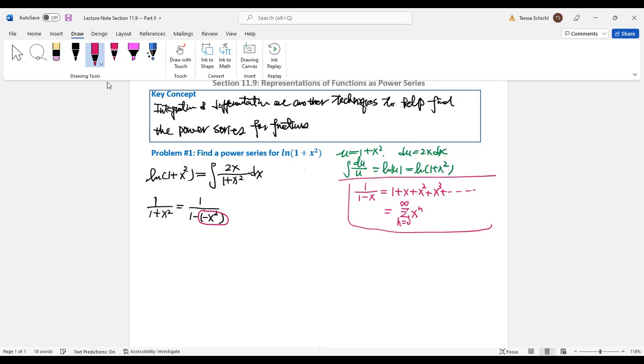Then I can rewrite this as the summation, n from 0 to infinity, of negative x squared to the n. If you want to simplify it, this is the summation, n from 0 to infinity, of negative 1 to the n times x to the 2n.